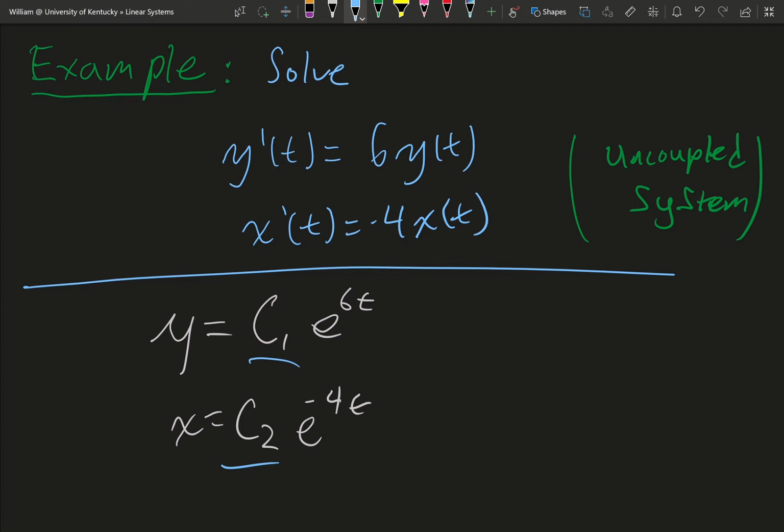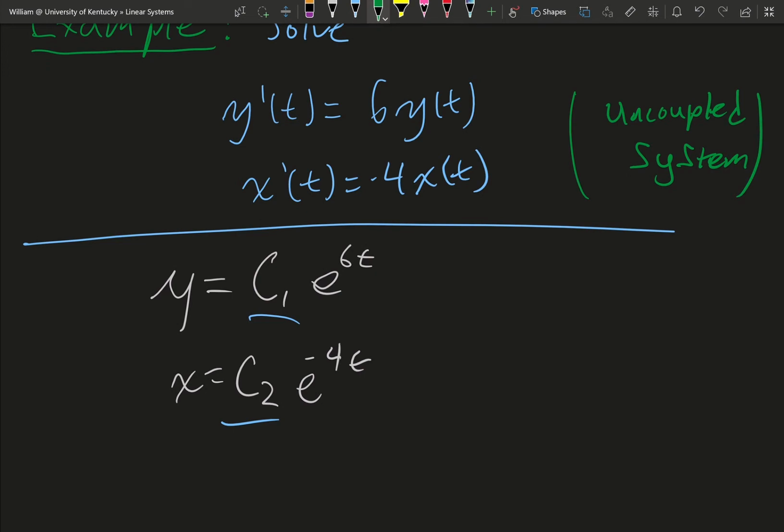We can't just use one c because that's not going to have all the solutions, because if y is e to the 6t and x is twice e to the negative 4t, that's going to be a solution, so we have to have two different constants there.